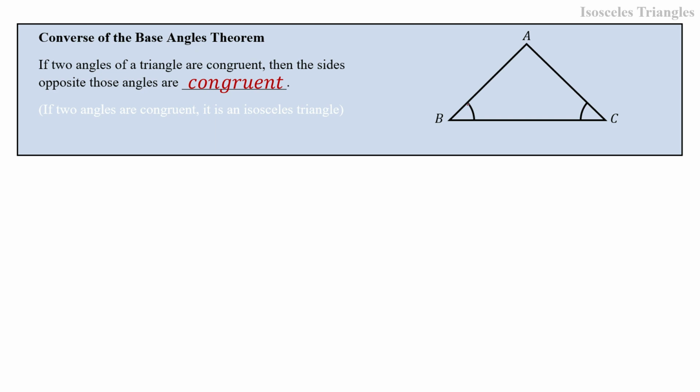The side opposite of angle B would be side AC, and the side opposite of angle C is going to be side AB. So basically it's saying that if two angles are congruent, then it's an isosceles triangle, and vice versa. If two sides are equal, two angles are equal, and if two angles are equal, then two sides are equal. So if two things are equal, either sides or angles, it's going to be isosceles.